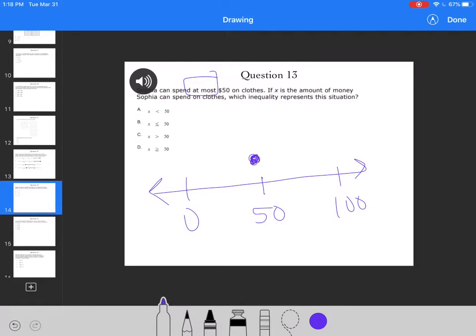At most, that's the most she can spend. So she could spend less than that. She just can't spend more. So I'm going to be going in this direction. So I know that I have to have X is less than, because that's the direction of the arrow, or equal to, because it's a closed dot, 50. Remember that your inequality almost serves as an arrow. So that means that my answer would be B.